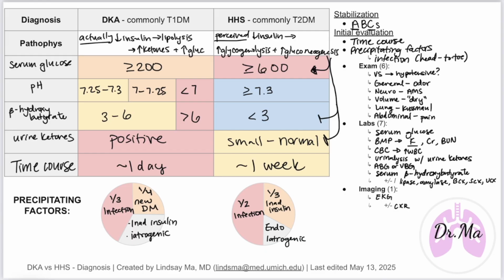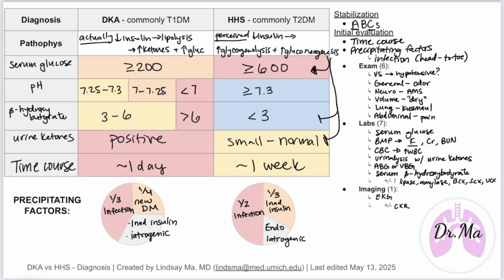All right, so let's summarize. For patients who come in with polydipsia, polyuria, and then you identify that they have hyperglycemia, you might be worried about DKA or HHS. But based off of those things alone, you can't know for certain which diagnosis the patient has, and therefore you won't know exactly how to manage them.